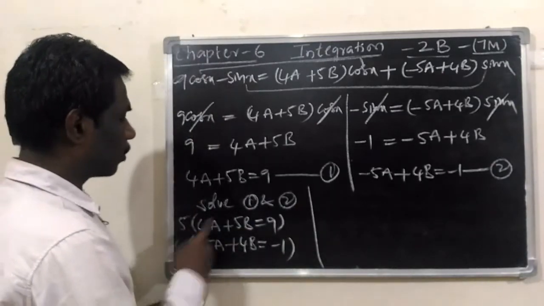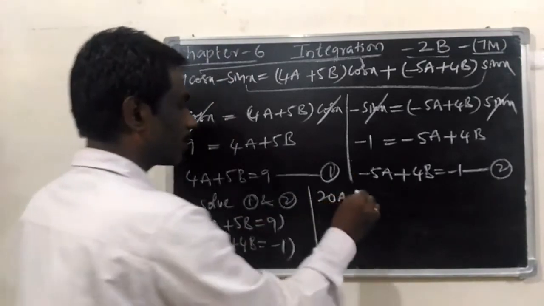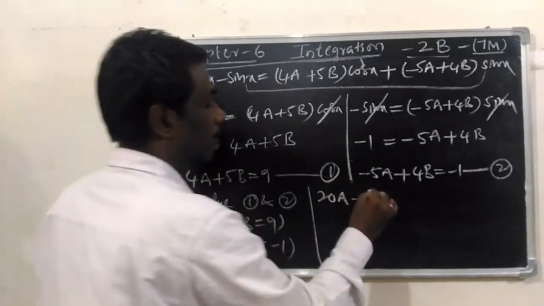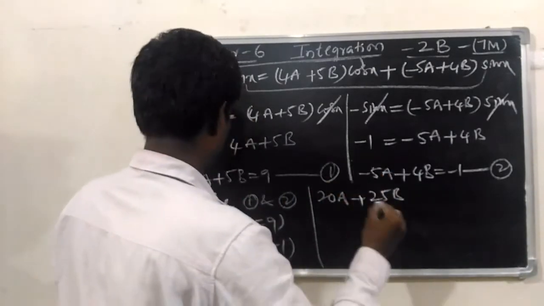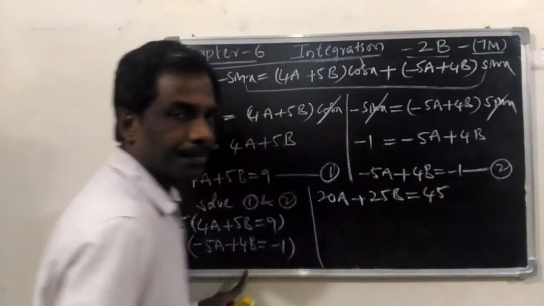See, 5 4s are 20, 20a plus 5 5s are 25b is equal to 5 9s are 45.